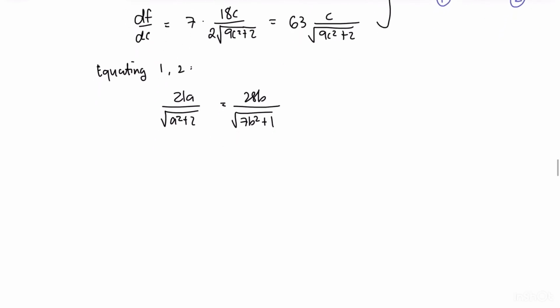Now we just do some cross multiplication, so this becomes 21a times the square root of 7b squared plus 1 equals 28b times the square root of a squared plus 2.